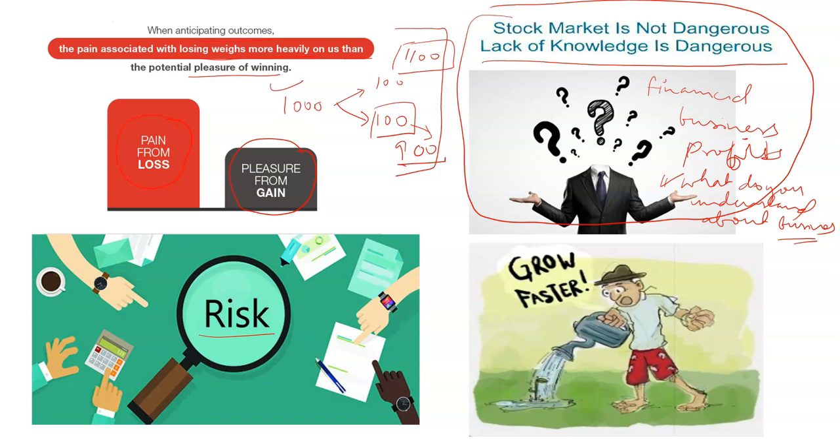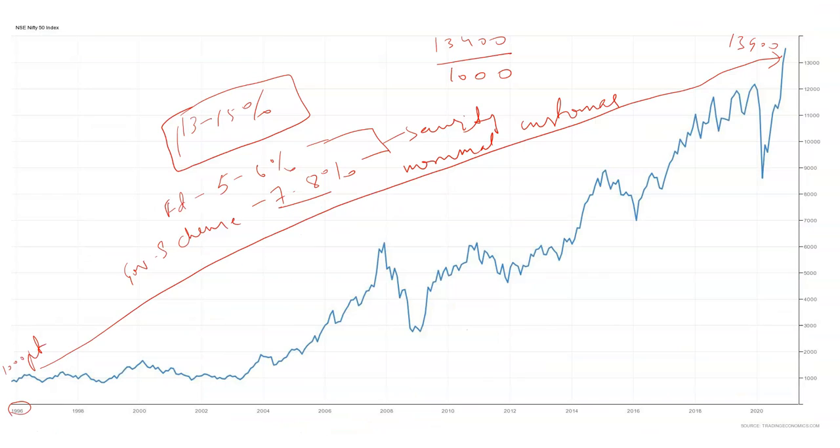If I go back and look at the global financial crisis, here in 2007 and 2008 it is starting. At this point of time, suppose a person has lost 5% of his money. After losing 5%, as I said, the fear of losing creates more emotional impact on the person.